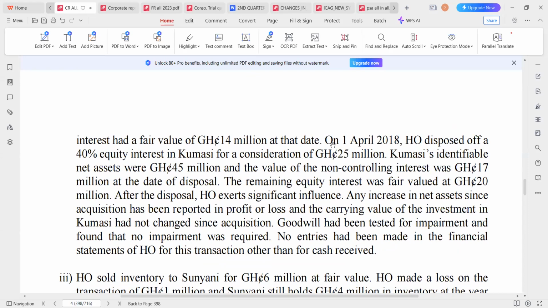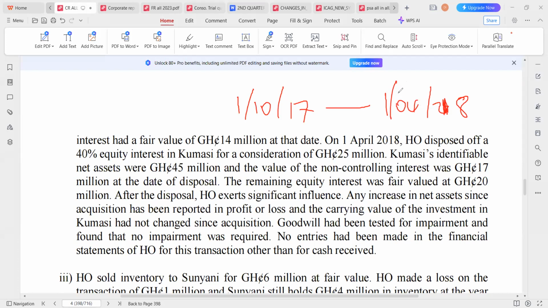If our year will end 30th September, meaning from 1st October 2017 up to 1st April 2018, how many months?